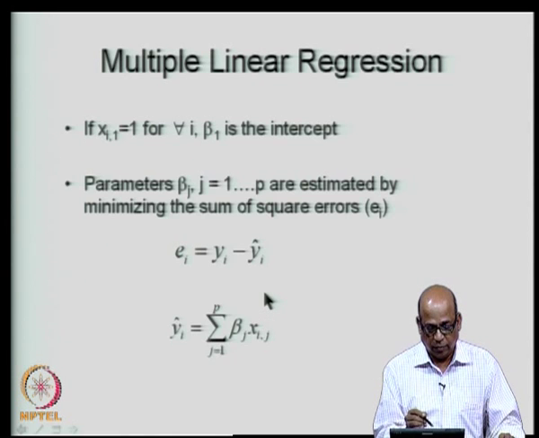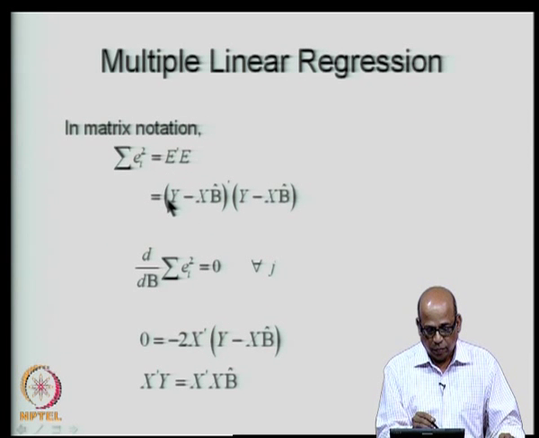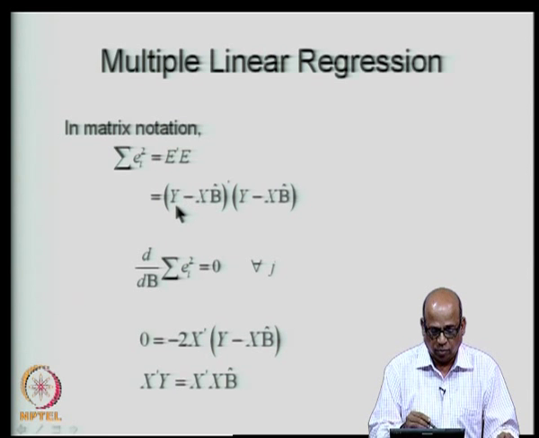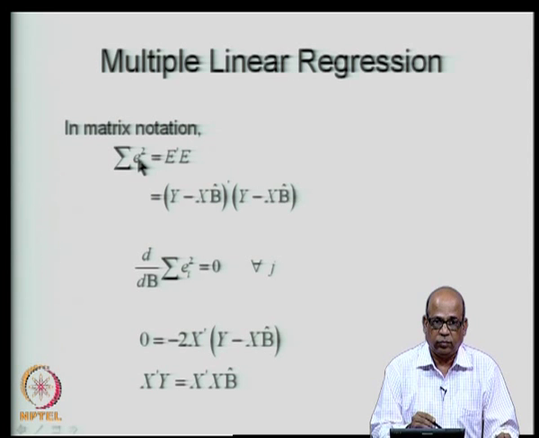So, I write this as y minus x beta cap, which is the estimated values, and then I take the transpose, E dash E, because I am squaring it. So, y minus x b cap dash y minus x b cap. Now, y is the observed value and x b is the predicted value. So, this is the sum of square errors, all right.